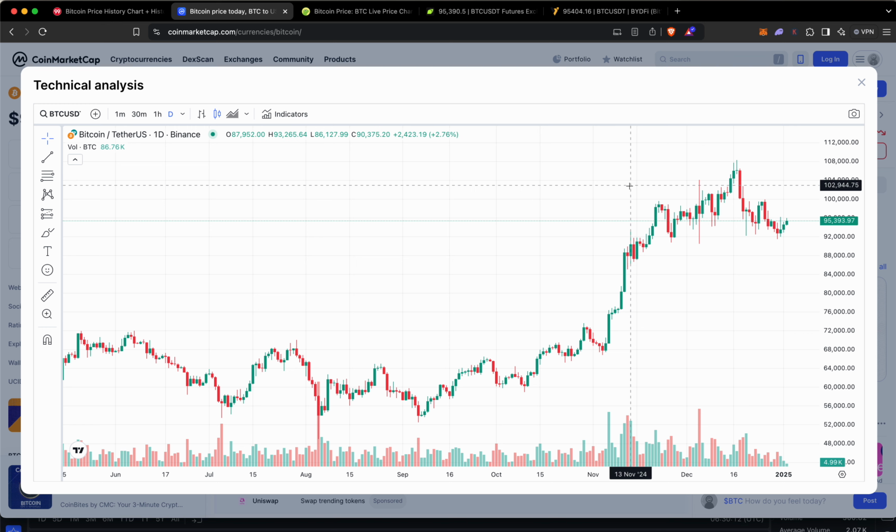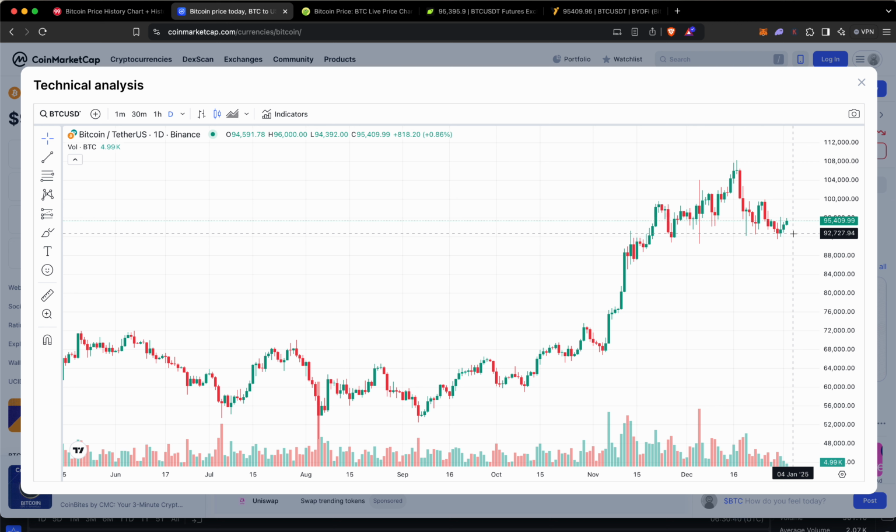I think we're seeing a nice little bottom forming here and starting to get a little stronger, around this 91, 92K area. I don't see it right now going below, but that's not to say that it won't. It could.